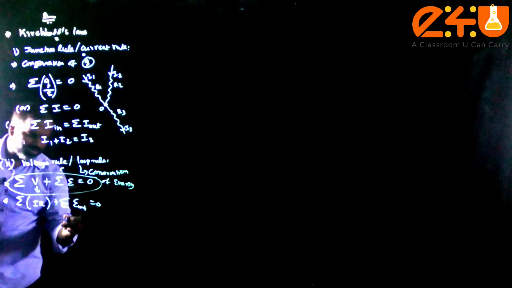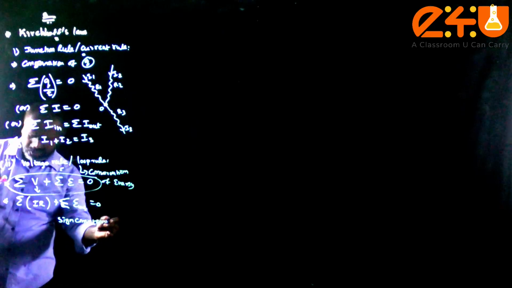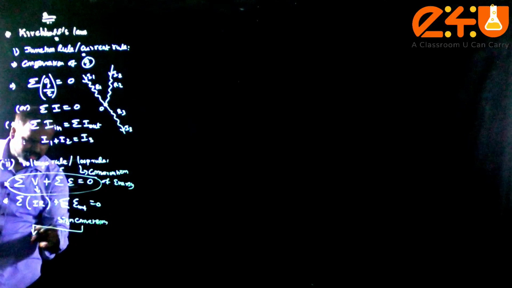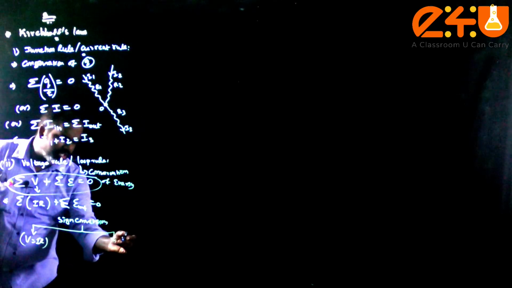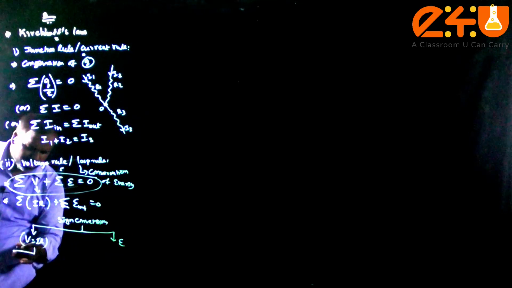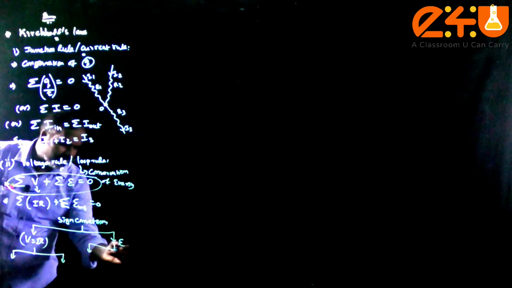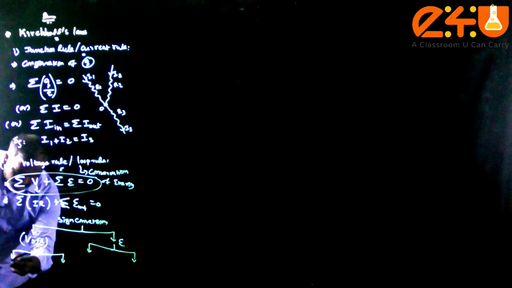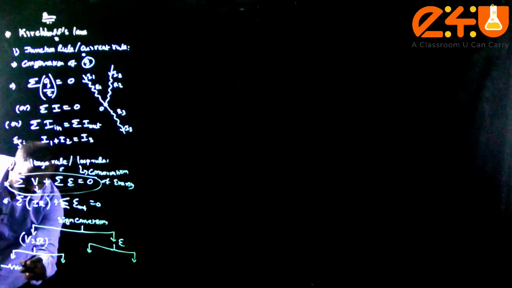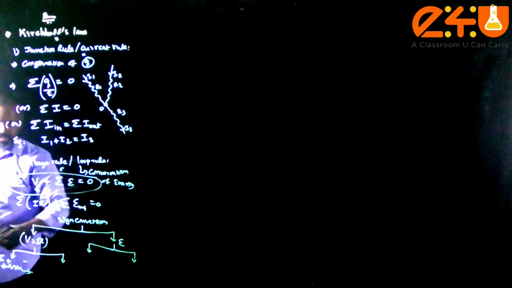Here also there is a sign convention. For the voltage term V equals IR, and for the EMF E, in some cases it will be positive and in some cases negative. Suppose this is the given resistor and the current is going from the positive terminal to the negative, that means from higher potential to lower potential.